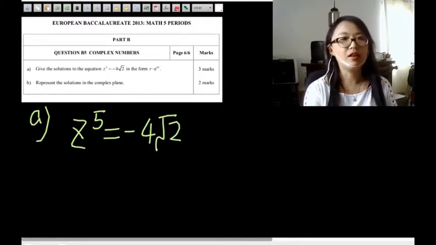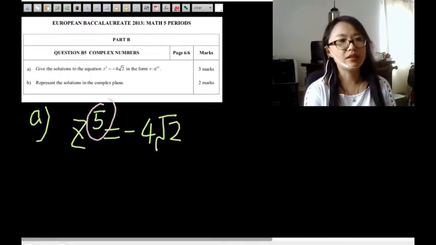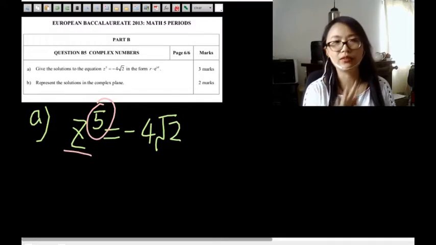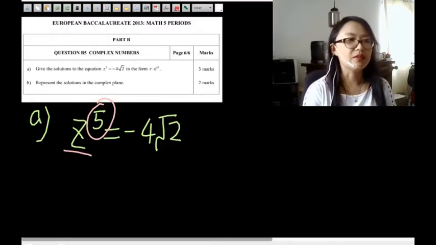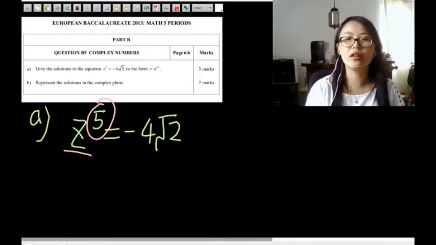Because we see the exponent is 5, we know that there must be 5 roots, namely z1, z2, z3 until z5. The way to solve for the roots of a complex number is always to change that complex number, the result, to the exponential form.